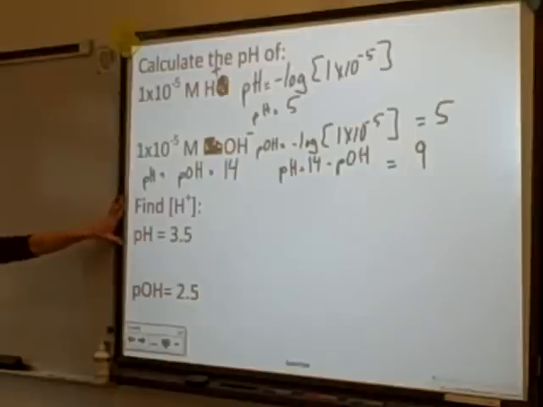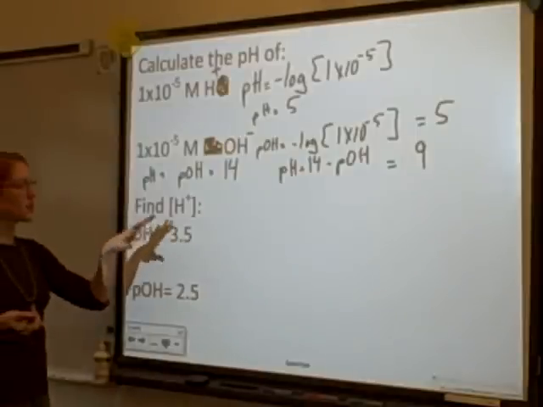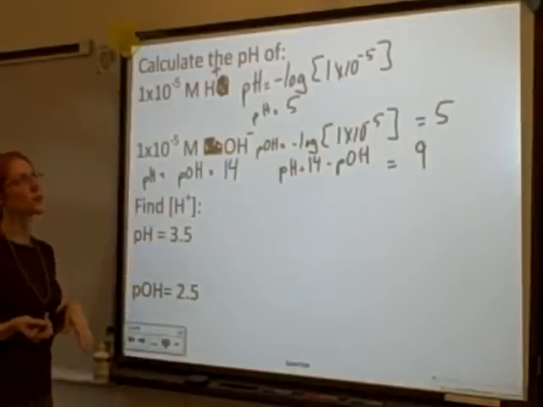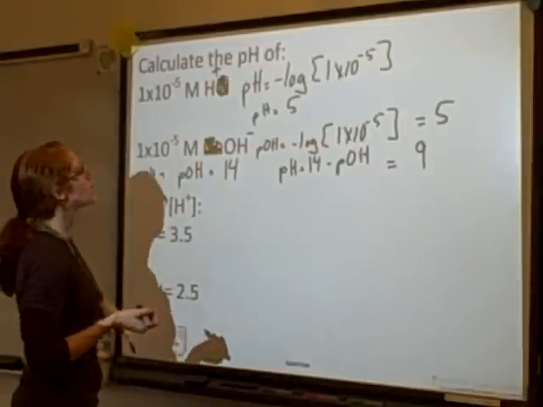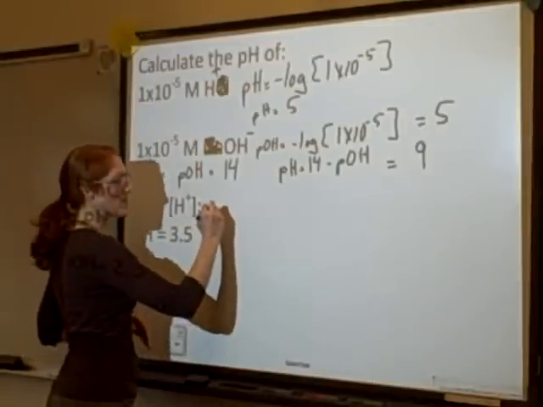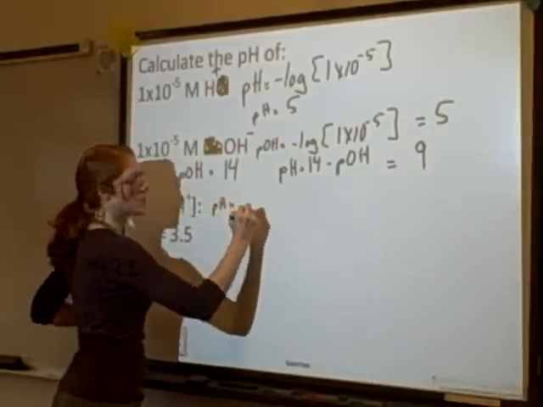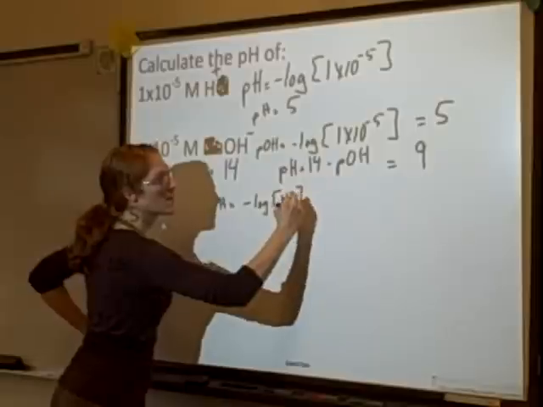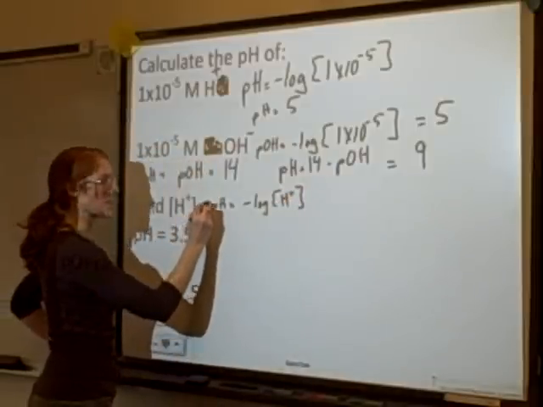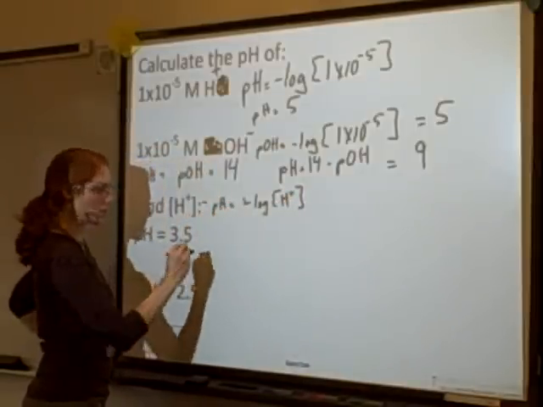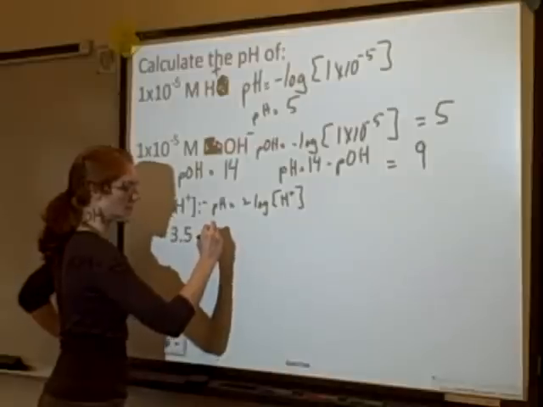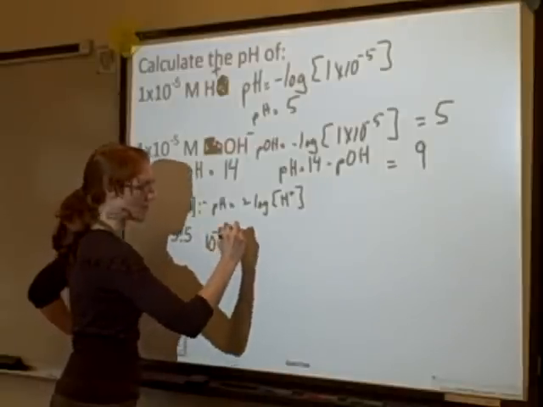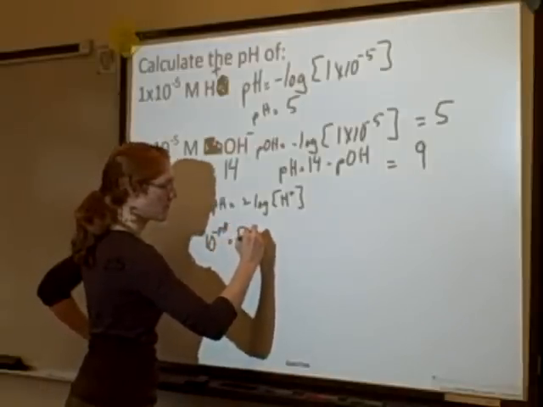Now, we have that different equation where we have to start with the pH and find out what the concentration of the H plus is. So I know that pH equals the negative log of the concentration of H plus. To rearrange that, I multiply both sides by a negative 1. I anti-log both sides. So 10 to the negative pH is equal to the concentration of H plus.